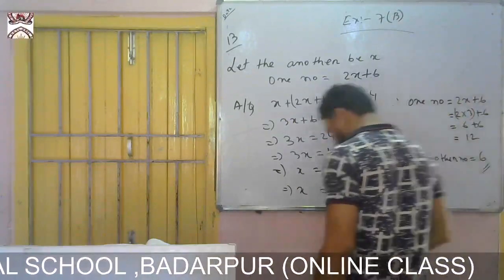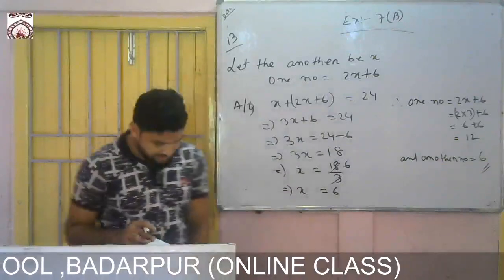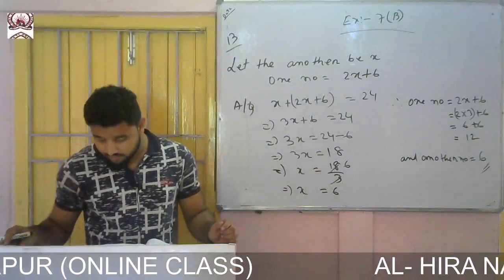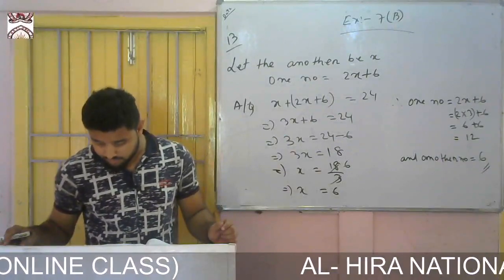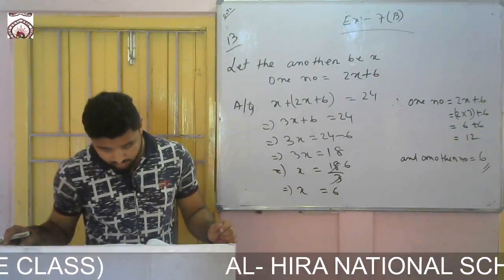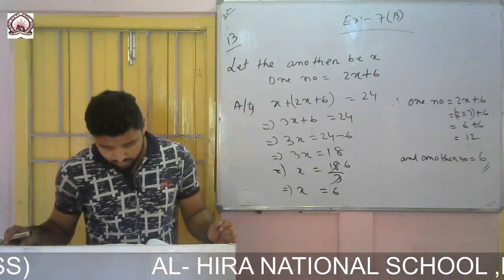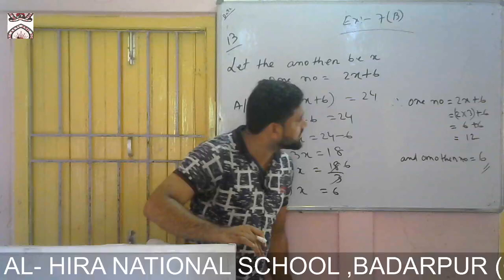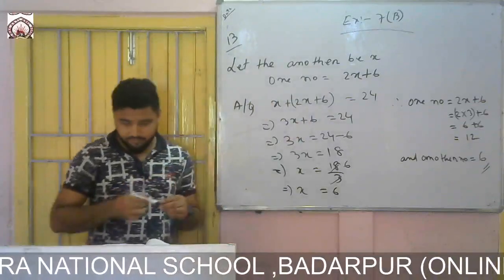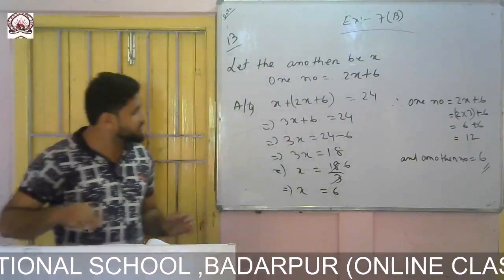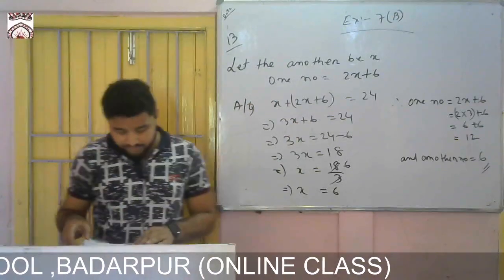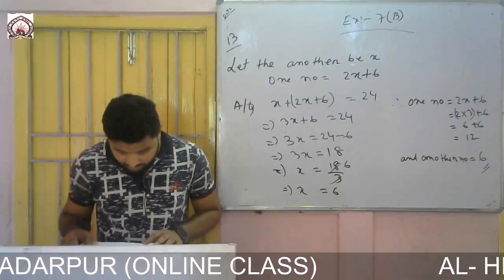So that is the answer. So another number is 6. One number is 2 times of which number?